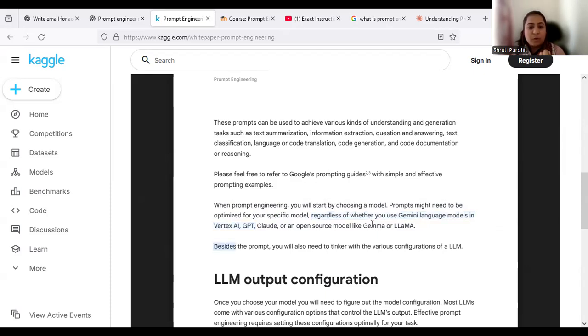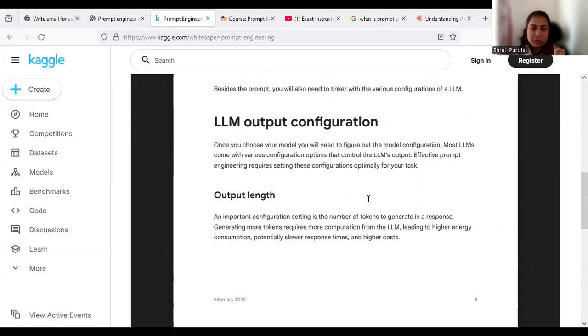Besides the prompt, you will also need to tinker with the various configurations of the LLM. So prompt engineering matters, but after that the configuration of the LLM also matters, and what exactly it is, we will understand in the next video.